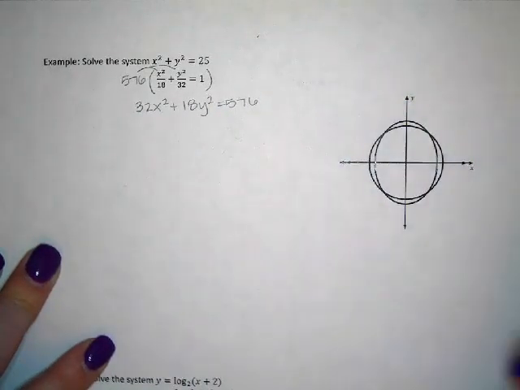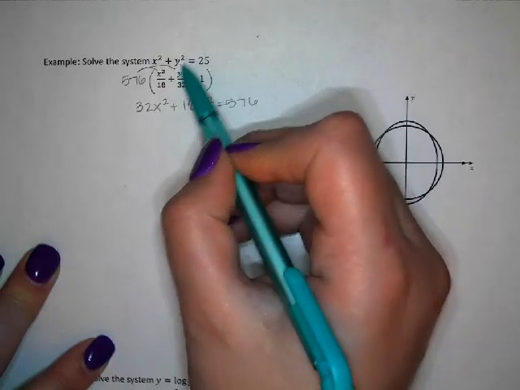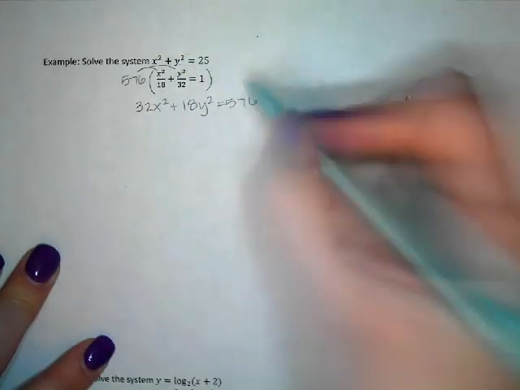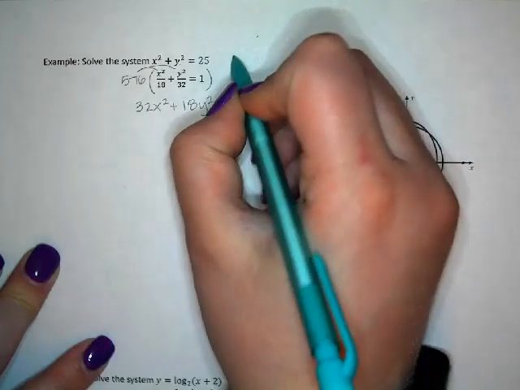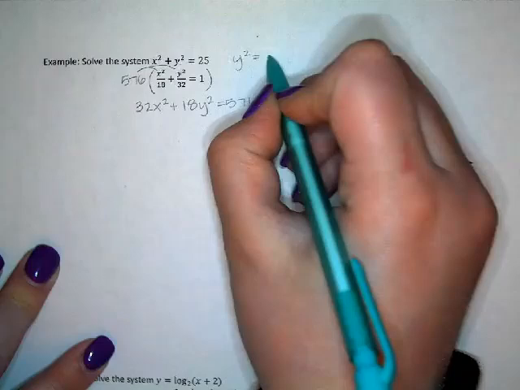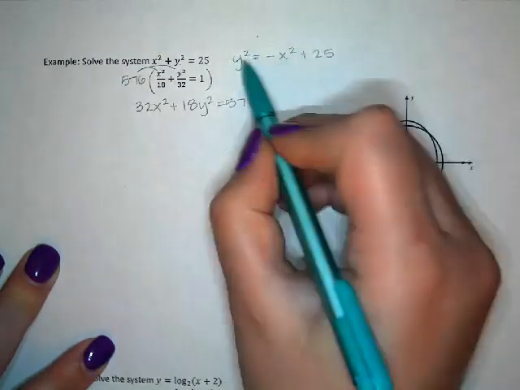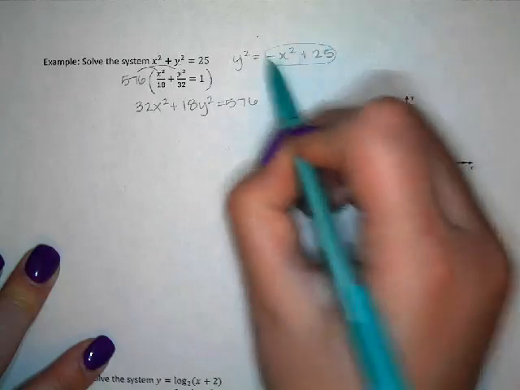Okay, and I'm going to go ahead and do this problem as substitution. And so I'm going to isolate y squared because I like when the problem is in terms of x's. So y squared, I'm going to subtract the x to the right side. Y squared is -x plus 25. And then since I know what y squared is, I'm going to take all of this and substitute it in for y squared.